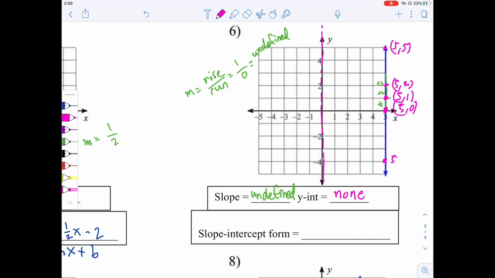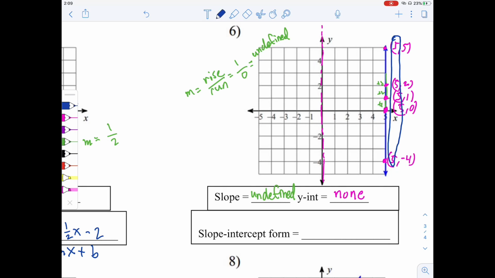This will be (5, -4). So if we look at all those points on our line, what is common about all those points, right? If you look at it, they all have an x value of 5, right? So no matter what point we choose, our x values will always be 5.